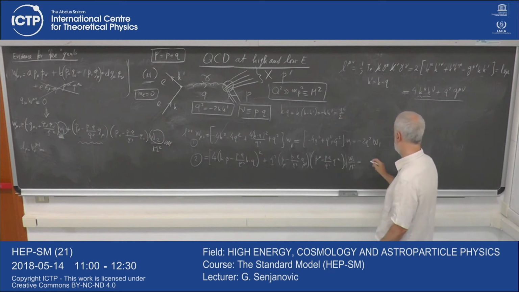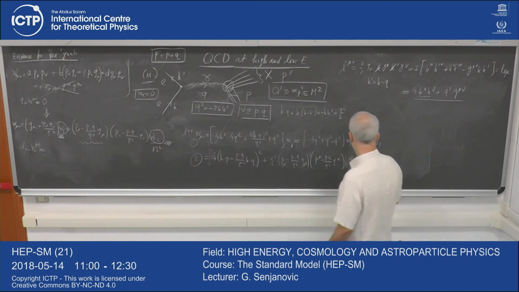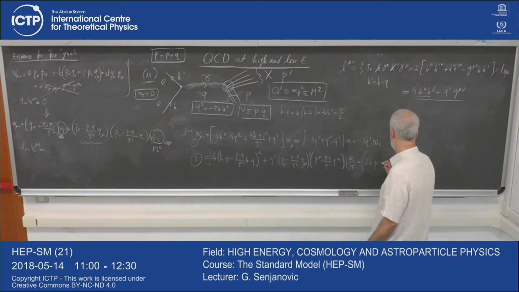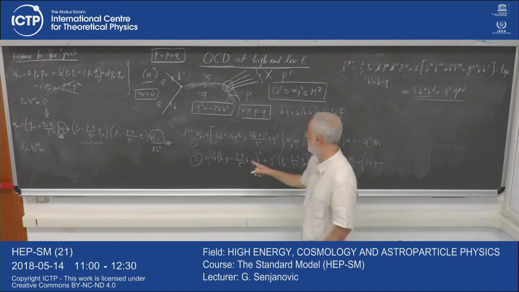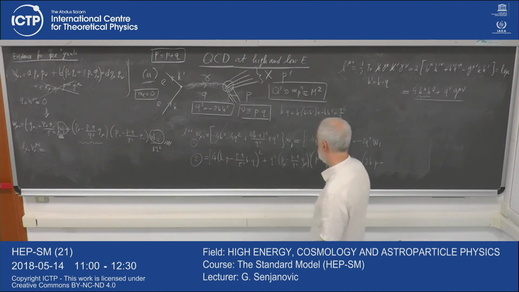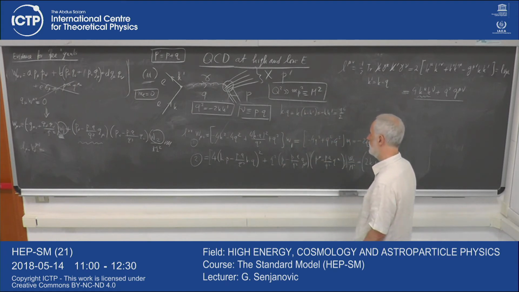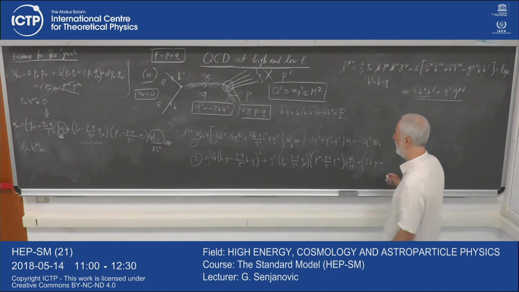So there, I will get 2k dot p. I go inside with 4 minus 2.